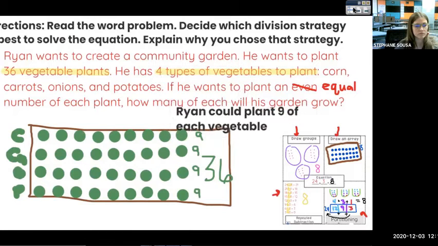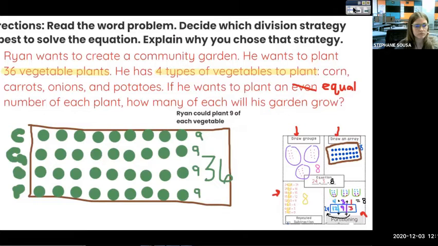Now, I'm not done, ladies and gentlemen, because I've been asked to explain why I chose this strategy. So, I'm going to use the voice recording that's already turned on to explain this. I chose to use an array because a garden can look like an array with rows and columns where plants represent the dots that we see inside of an array.